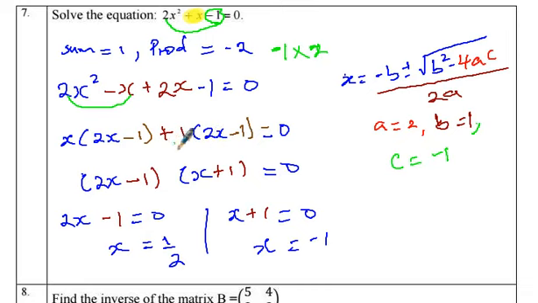I need a number outside here, so that when I multiply it by this, I can get positive 2x, and that number is a positive 1. Please do not just put a number without a sign. The number is positive 1. And when you multiply it by this, we get this. Now, at this step, you will see that what we have in brackets is the same.